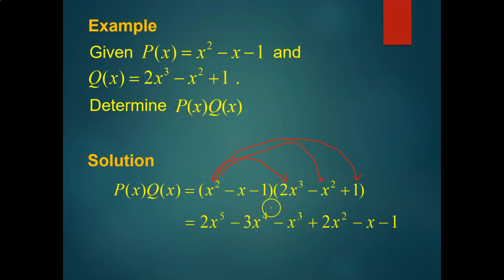Meaning you have to find this thing. Okay, this term kali dengan yang ini. This term kali dengan yang ini. Dia serabut sikit lah. Okay, kali ni, and then kali yang ini, sama juga. Yang ini pun sama, dia kena kali juga. Dia kena kali satu-satu. Maksudnya you ada 9 term semuanya. Barulah you selesaikan. Dia jadilah yang ini. Okay.